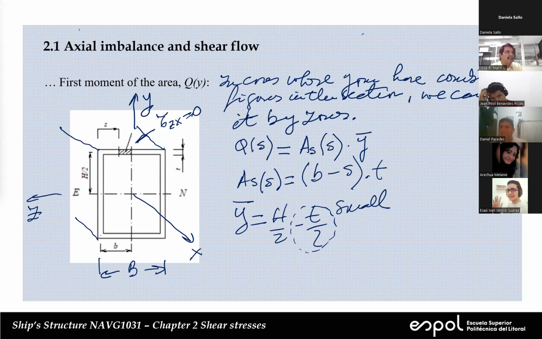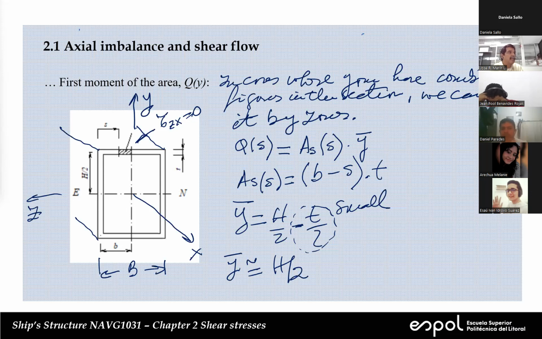And the thickness could be, for example, 2 millimeters. So this is going to be a very small percentage of that. But it is possible that you have sections in which these two dimensions are not that different. In that case, this is the exact one. Okay, so we are going to say, in this case, we're going to accept this is enough.